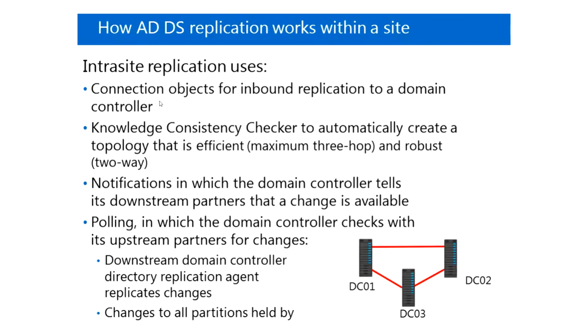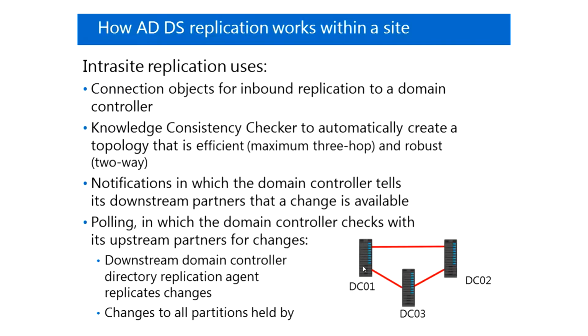There is the connection object for inbound replication to a domain controller, and there will be a KCC, which is the Knowledge Consistency Checker. That role will automatically create the topology that is efficient and robust, which will be two-way between the domain controllers. And then notifications, in which the domain controller tells its downstream partner, which is another domain controller, when there is a change available.